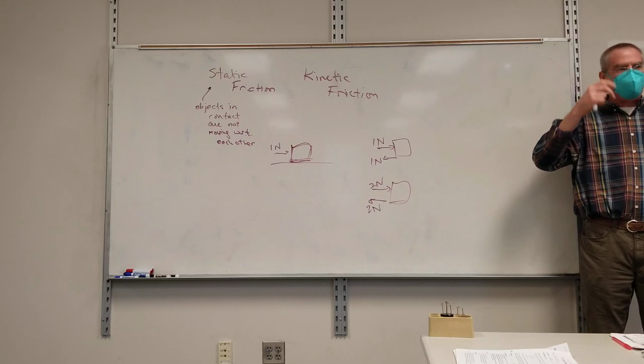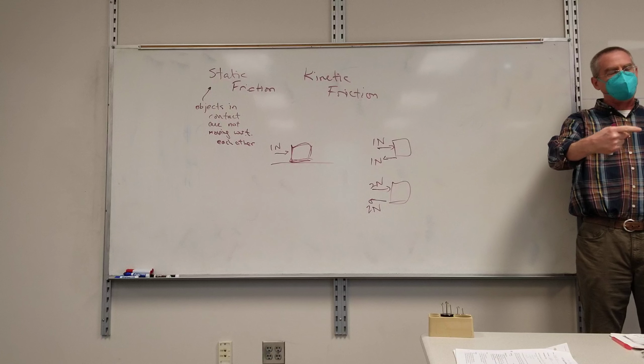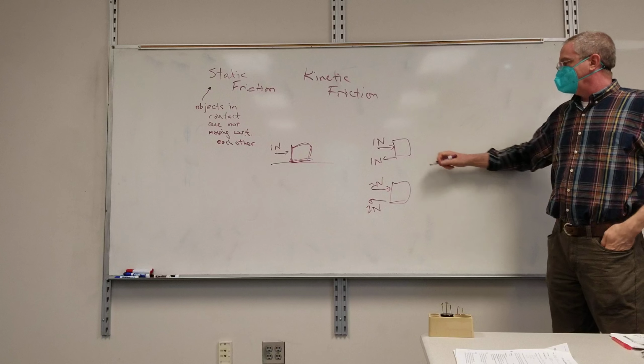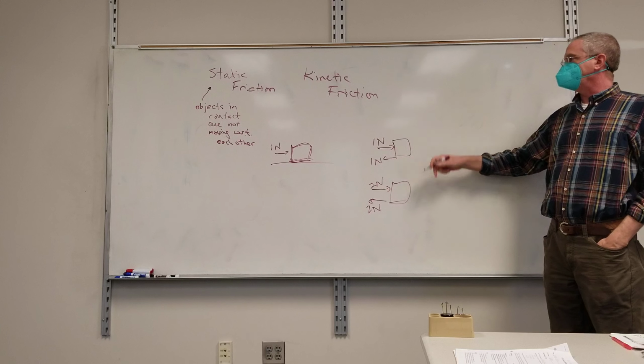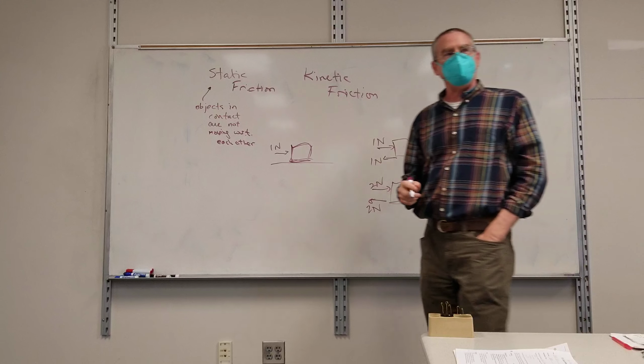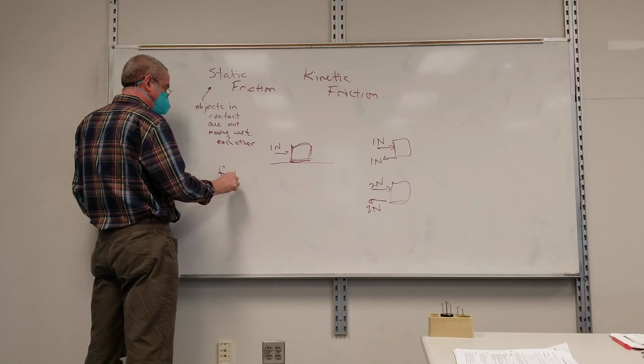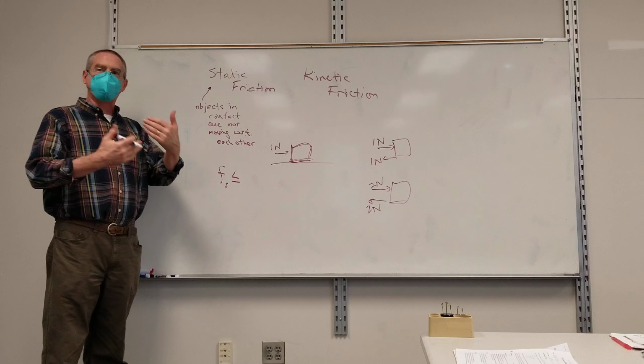So, static friction is always going to match until you hit that breaking point. So that's why in the formula for it, there's a less than or equal to symbol. So static friction is less than or equal to whatever that breaking point is.